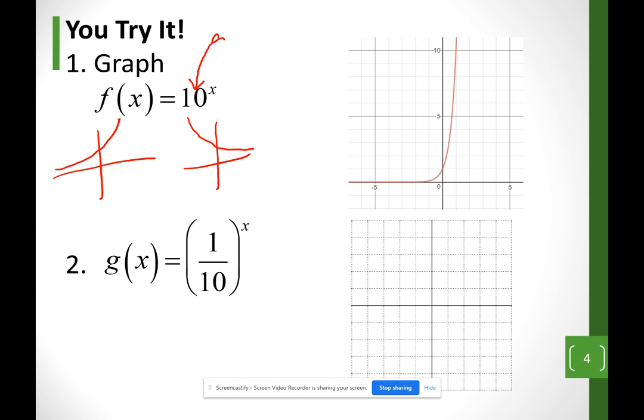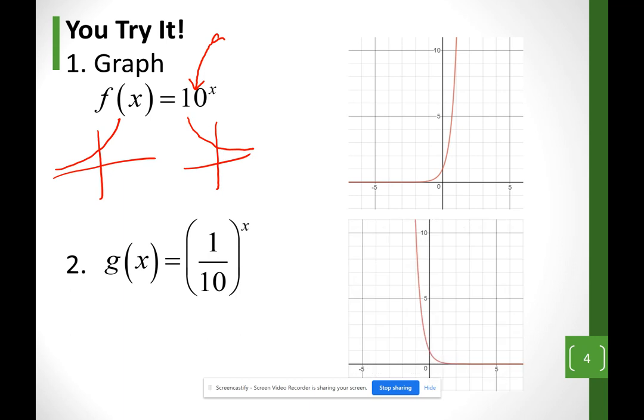It is going up. Now, looking at example 2, my a value is less than 1. It looks like that. I want us to remember two things. If my a is more than 1, my graph is going up. If my a is less than 1, it is going down.